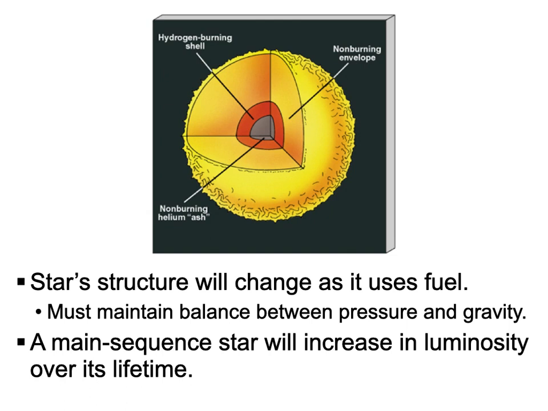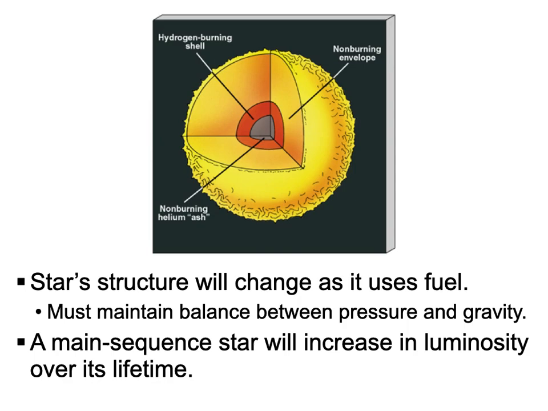What's happening inside the star is its fuel is changing. In order to maintain this balance between pressure and gravity, a star's always got to be fusing something in its core. As it does that, the pressure pushes outwards and supports the star against the gravitational pull. So as that stuff starts to run out and not as much pressure is produced by the fusion, gravity starts to collapse and win.